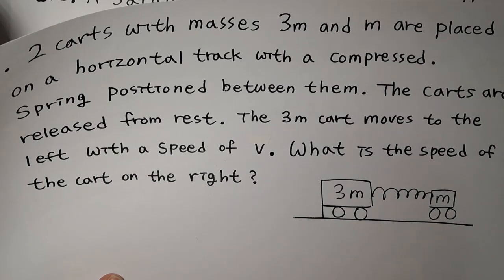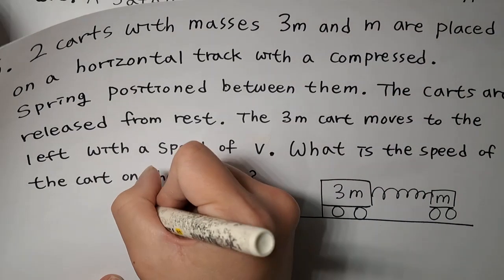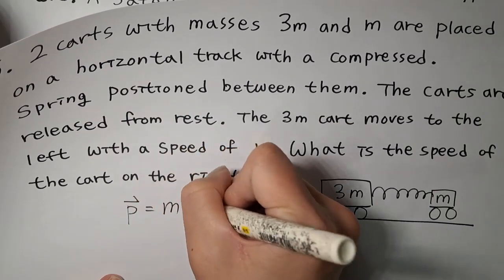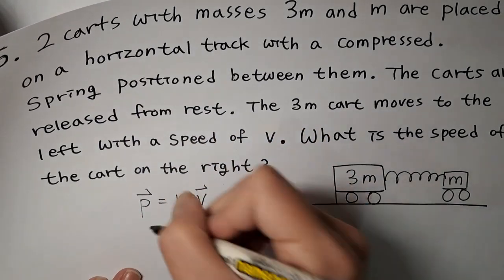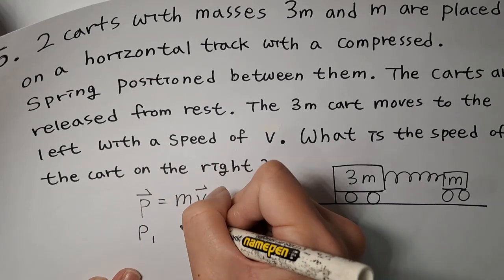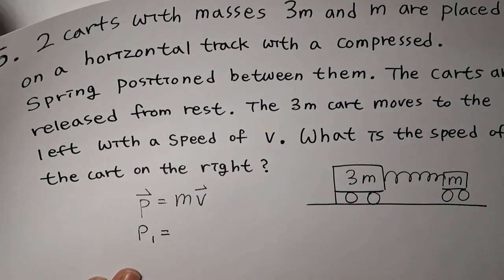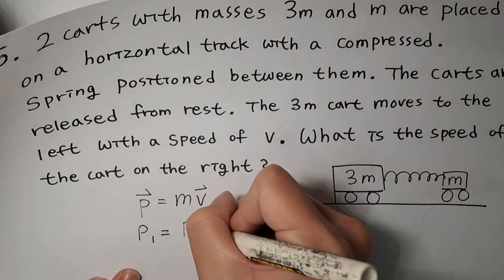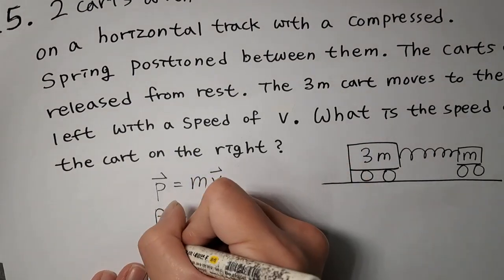Also, the momentum of the two objects are in opposite directions. Their magnitudes must be equal to conserve momentum. So this is the equation of momentum, and we are following the conservation of momentum.